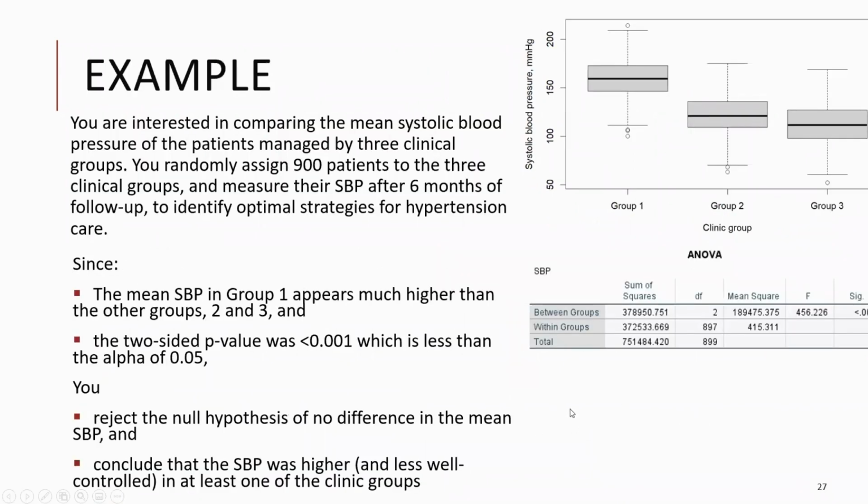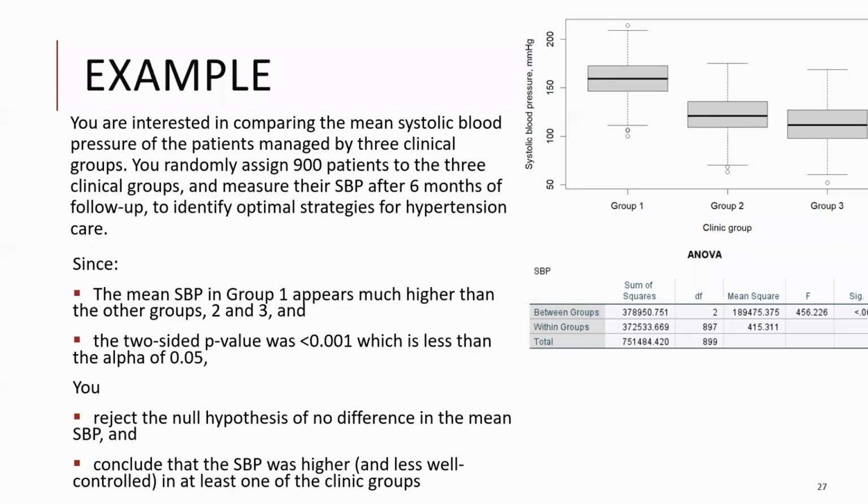So we jump into our first example. Say, for example, you're interested in comparing the mean systolic blood pressure of patients managed by 3 clinical groups, and you randomly assign them and measure their BP at time 0 and at 6 months of follow-up to identify the optimal strategies for hypertension care.